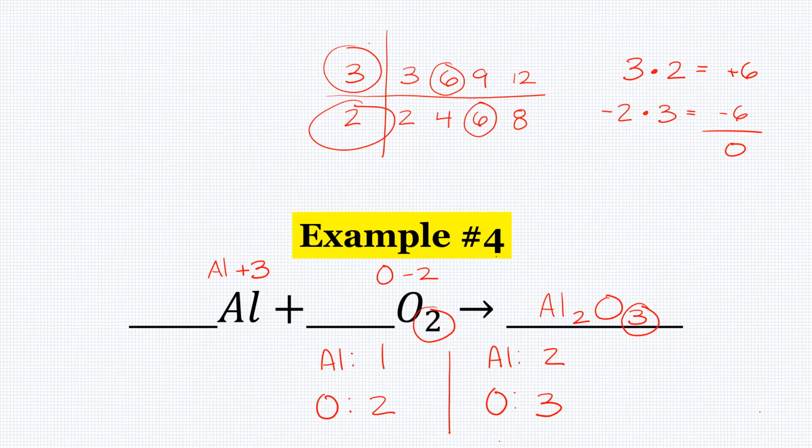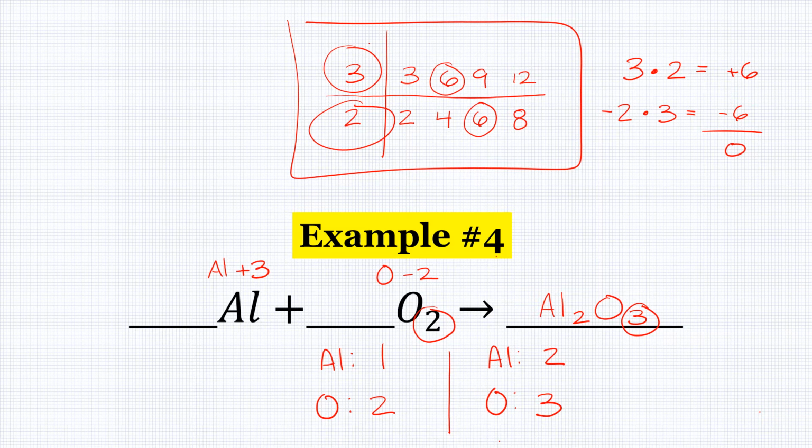So we do the same thing that we did earlier with our table. These are the same numbers, 2 and 3, and we know that we want to get to 6. So on the product side, I'm going to put a 2 in front here, and I'm going to use a 3 in front of the oxygens.